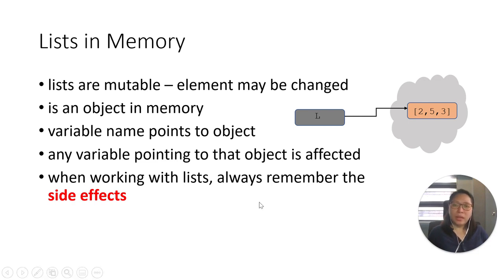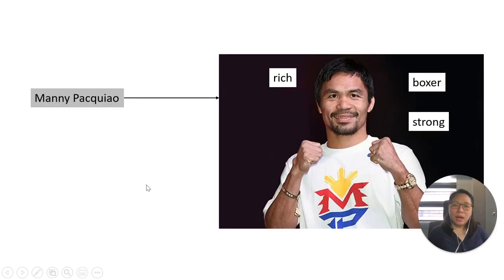So let's say it's like this. Let's say we have Manny Pacquiao here. We can think of him as a person, and he has attributes: he's a boxer, he is rich, he is strong, and he has a name, Manny Pacquiao. So there is a name that binds to this person.